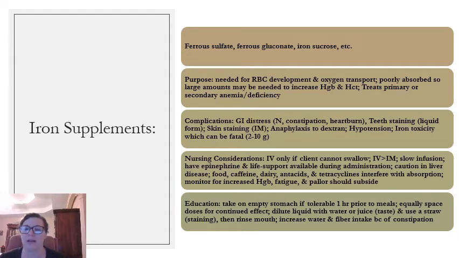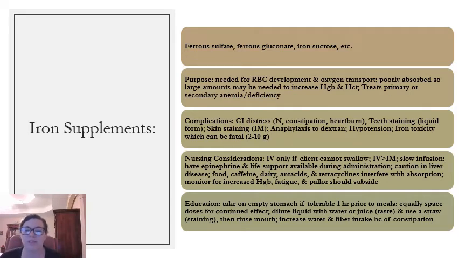But we need to infuse it over a slow infusion and have epinephrine and life support available, which was new to me because I've given iron and thought nothing of it. But of course, if you have that issue, then you might need epinephrine to give for a reaction, or that hypotension that can drop their blood pressure, and epinephrine can possibly save their life if you have it readily available.